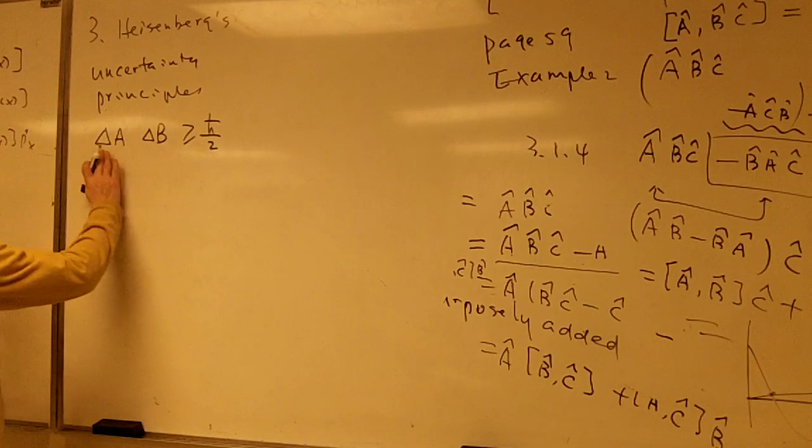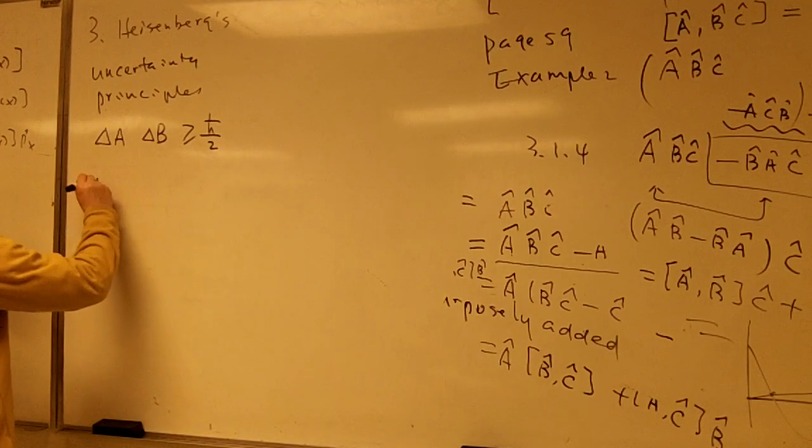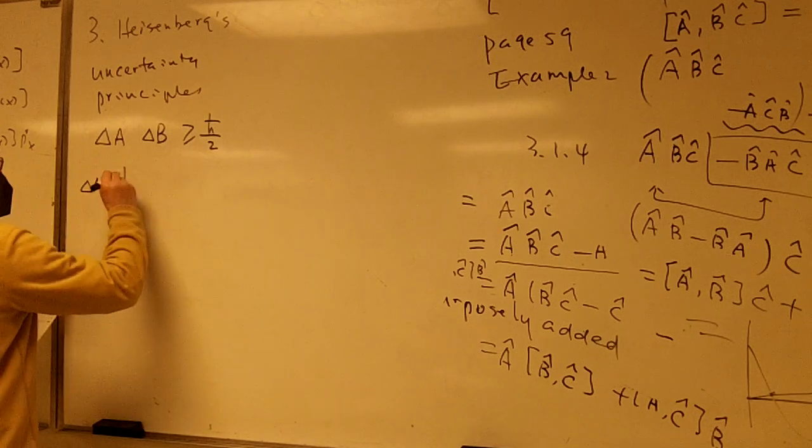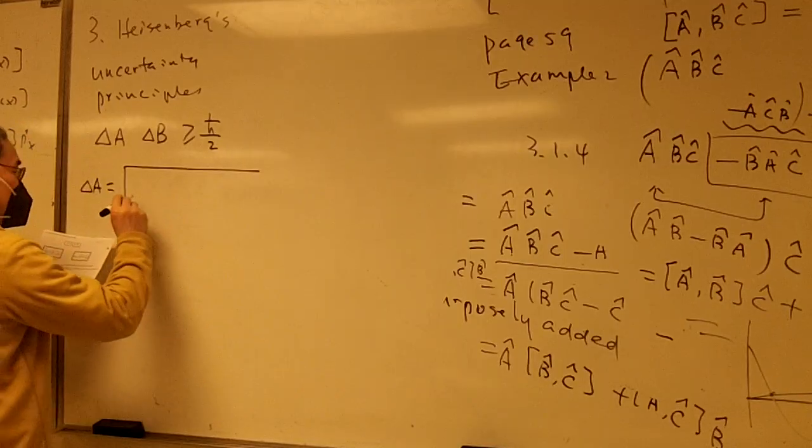Now I'm going to explain what this delta A is. Delta A is just the standard deviation itself. It's defined exactly the same way, and this is a square root.